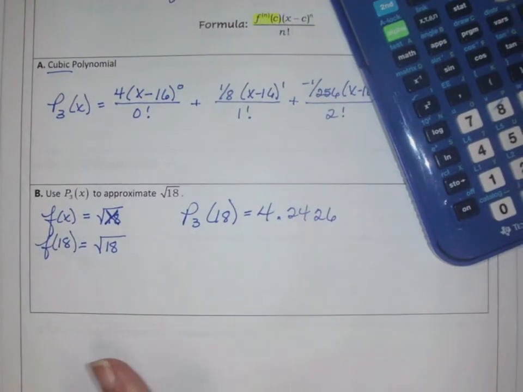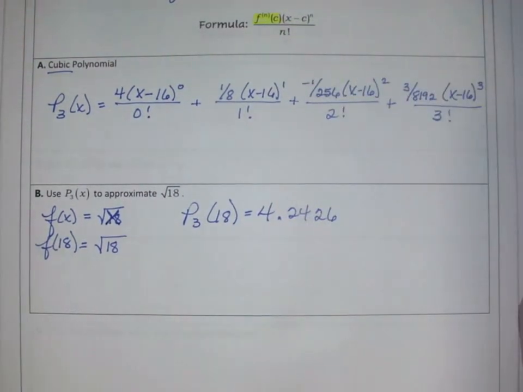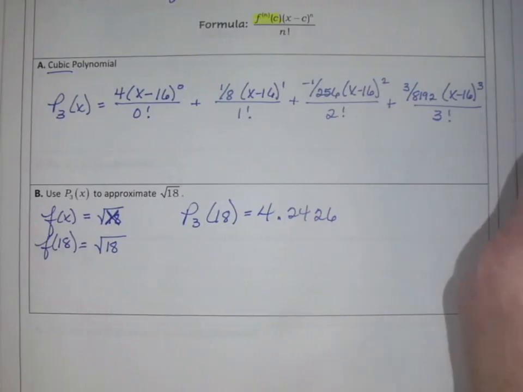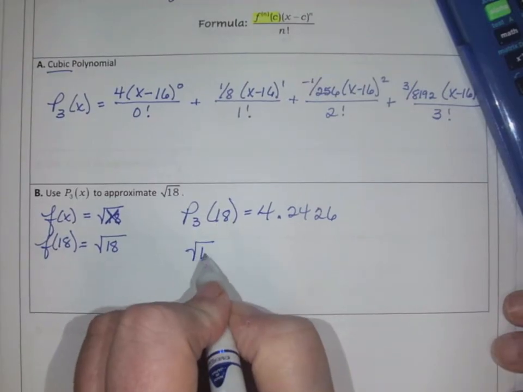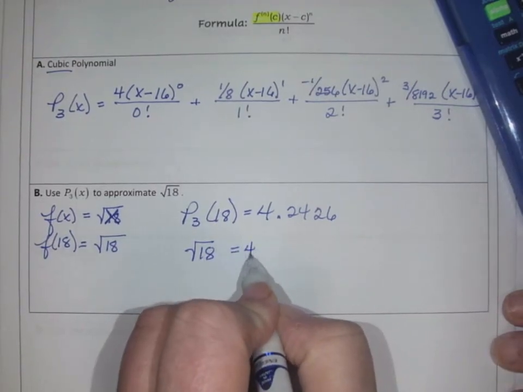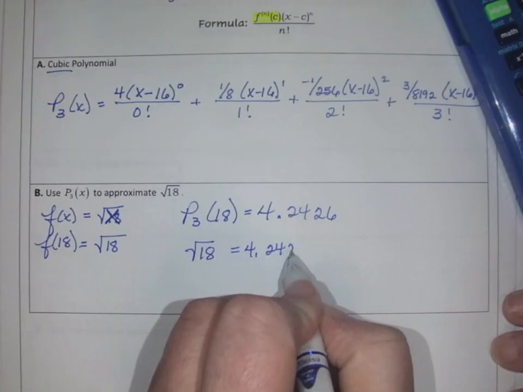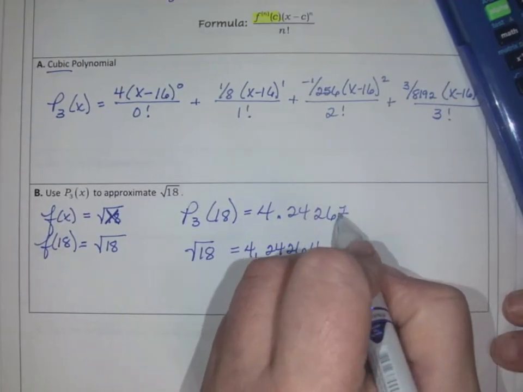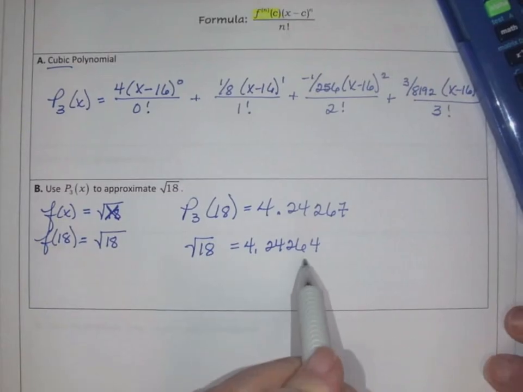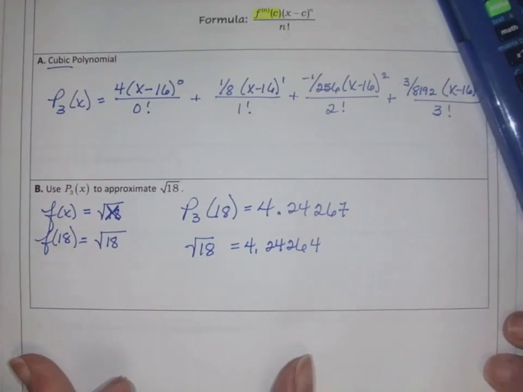Okay. Now let's see what the actual value is. So if I just do the square root of 18, that is equal to 4.2426267. So we're accurate to 4 decimal places.